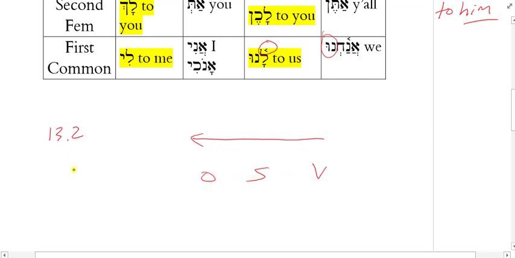When you have a lamed plus a person attached, whether it's a real person, a noun, or a pronoun, as we're seeing up here, where is that usually going to go? Well, if I don't have a subject, it'll be verb followed by indirect object followed by object. That's going to be fairly common, okay?